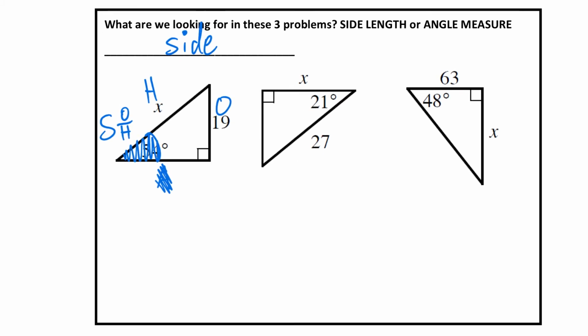So I'm going to go sine of 54 equals, okay, how long is the opposite? 19 over how long is the hypotenuse? X. So when the X is on bottom, do we multiply or divide? We divide, so we're going to go 19 divided by the sine of 54.